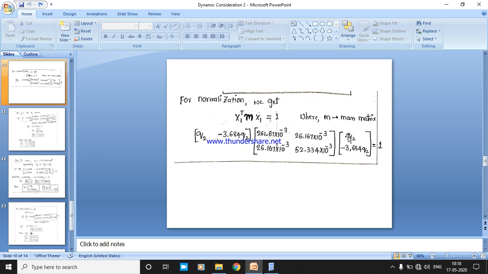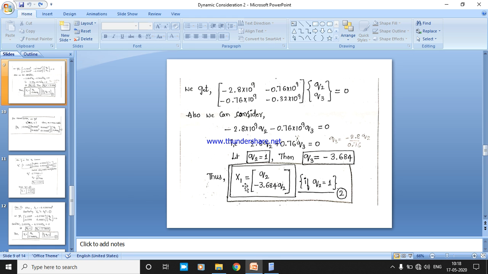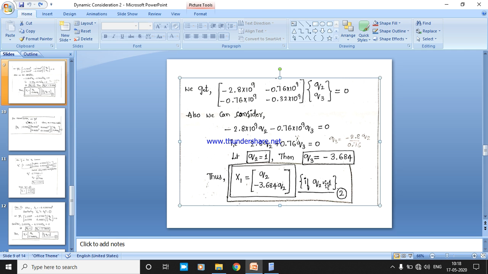Based on this condition I can easily find q2. So here x1 is equal to q2, minus 3.684 q2. Here I have put q3 in terms of q2.